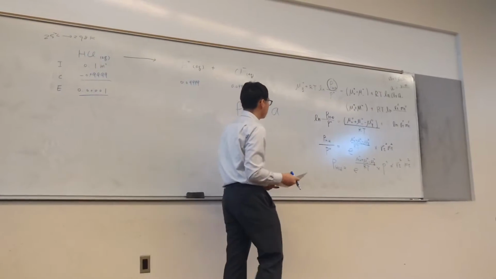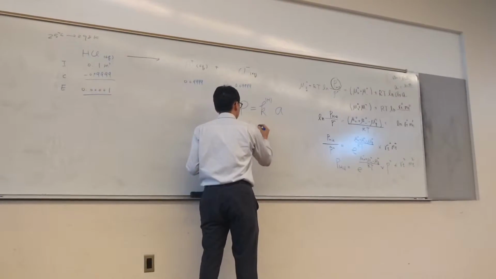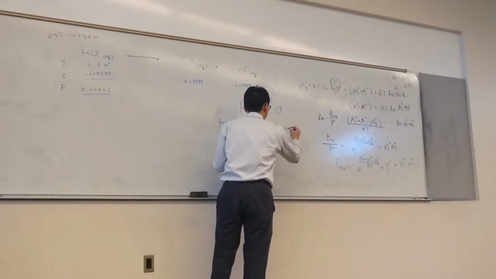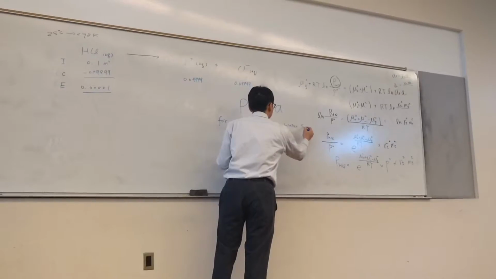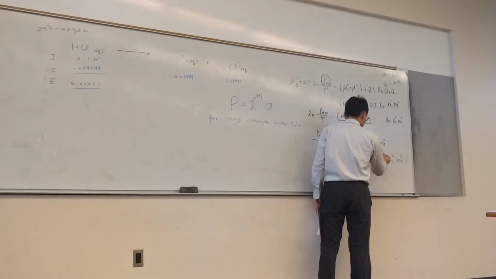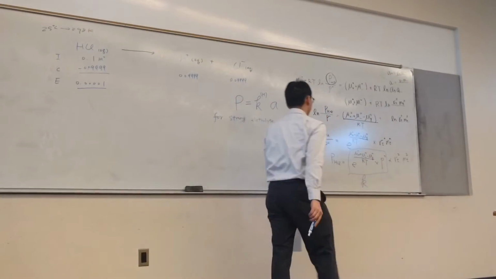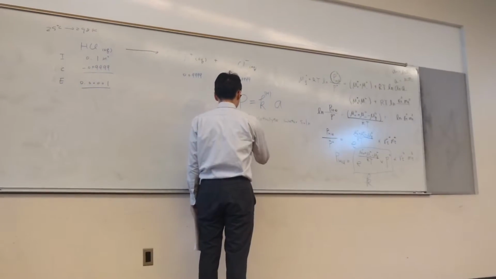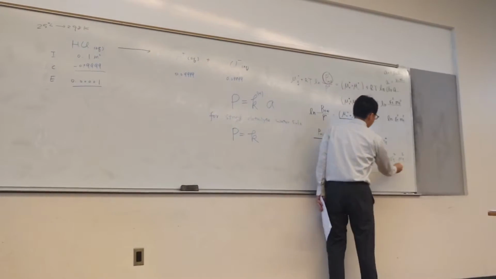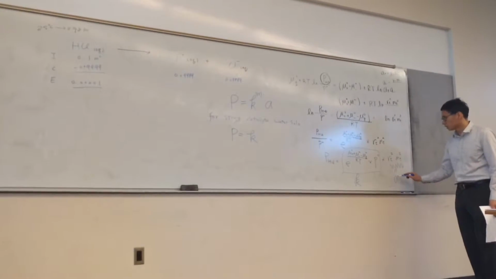Okay. So what people do is actually, for strong electrolyte water solution, people group all these terms and make it become a constant K. Okay, so if you do that, you know your P is going to equal to a constant K times, so this is actually equal to your activity square, right?